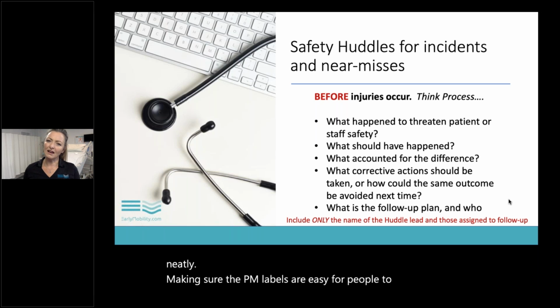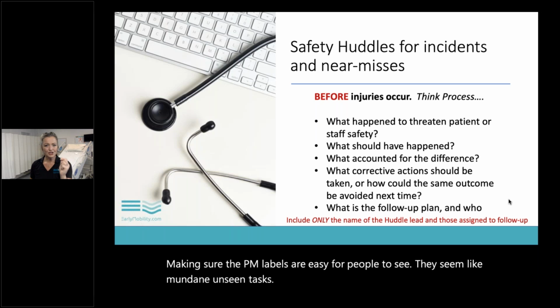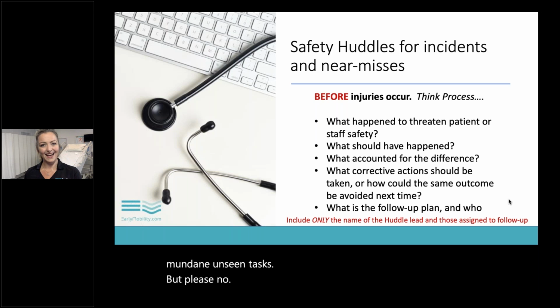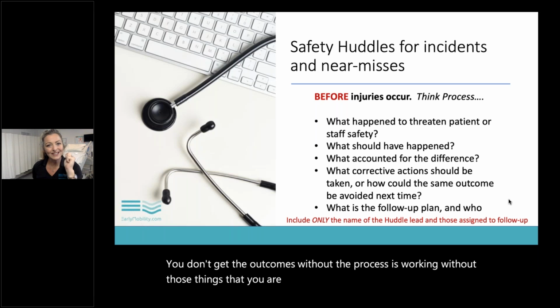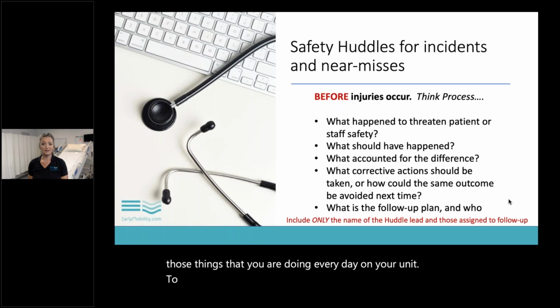They seem like mundane, unseen tasks, but please know those tasks are every bit as important as celebrating outcomes at a conference. You don't get the outcomes without the processes working, without those things that you are doing every day on your unit to make all of it work.